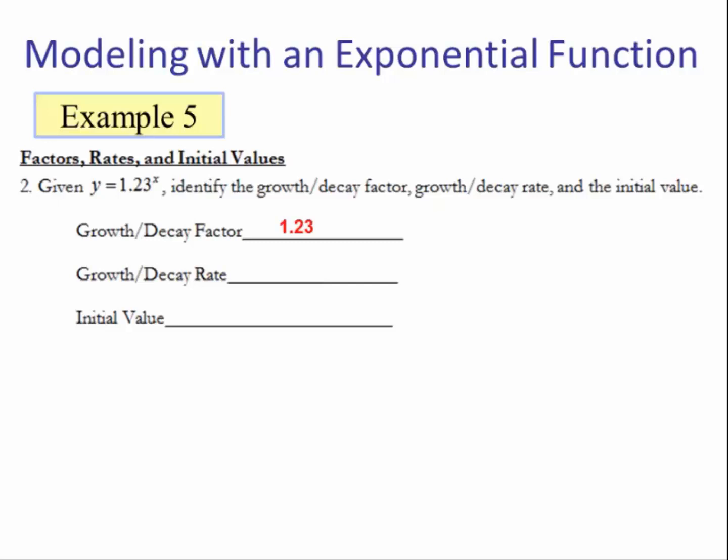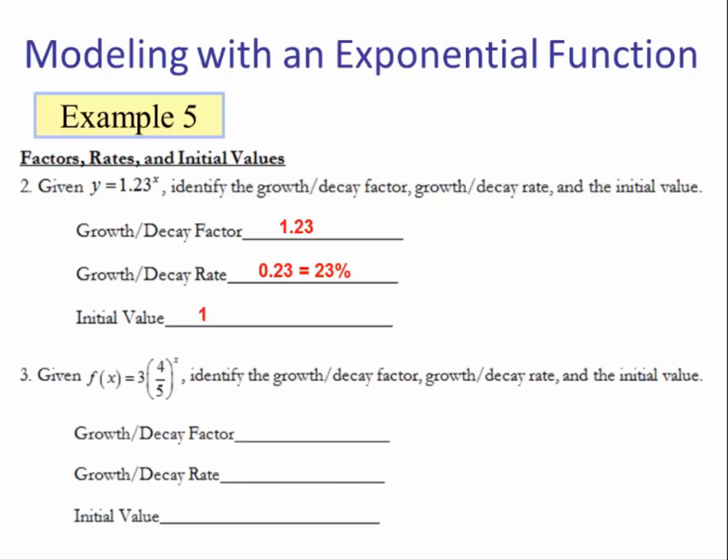The rate, since this is larger than 1, this is a growth, so the growth rate is this value minus 1, which is 0.23, and normally we write the rate as a percent, so that's 23%. So as x increases by 1, this function increases at a 23% rate. The initial value is the value of a, in this case it's 1.